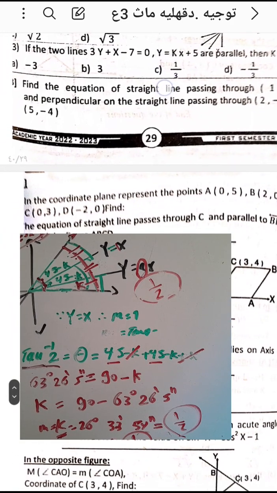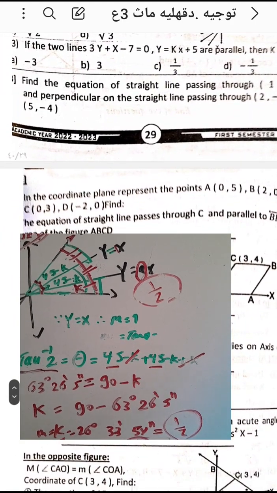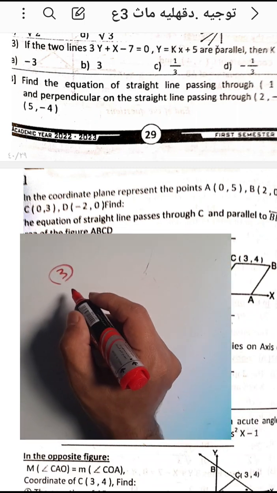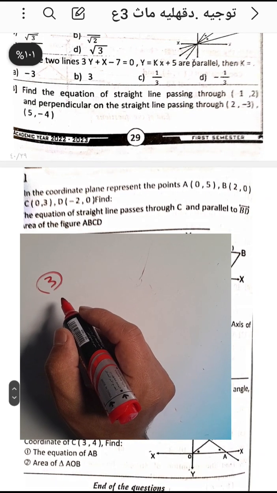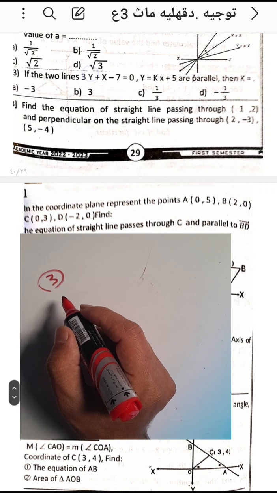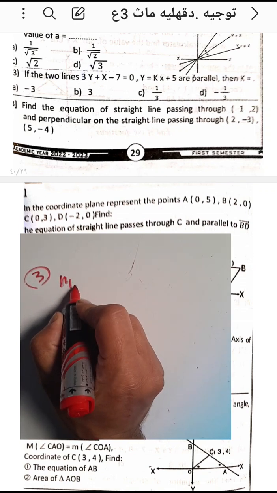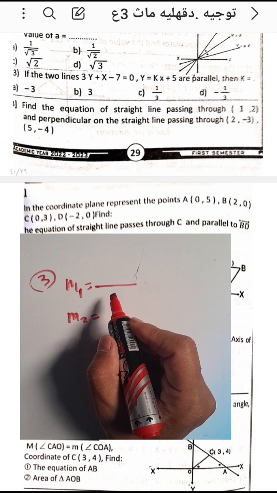Question number 3. If the two lines are parallel, then find k. Okay, we can find slope 1 and slope 2. Slope 1 here is negative the coefficient of x over the coefficient of y, negative 1 over 3.